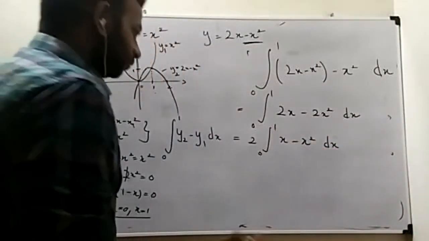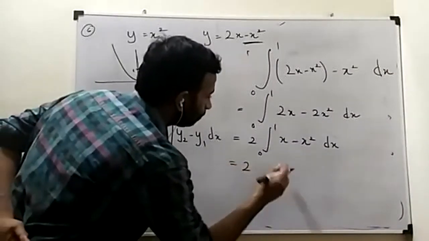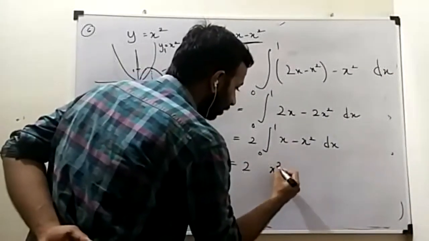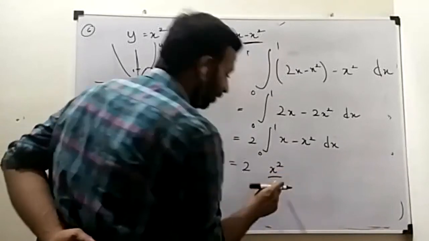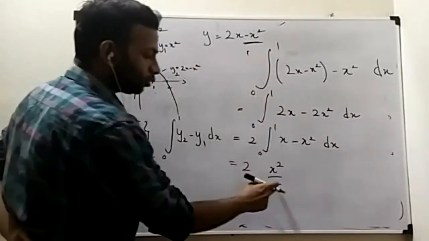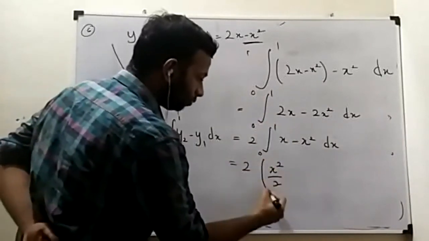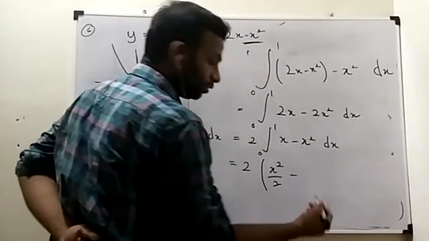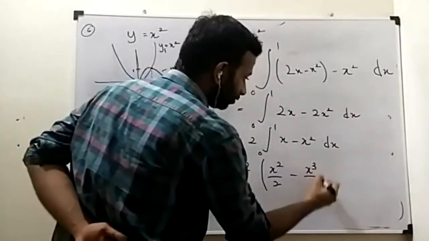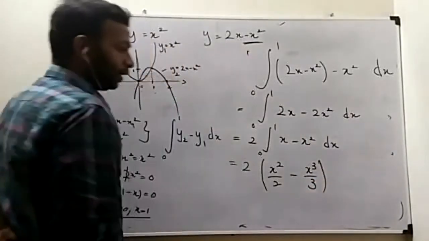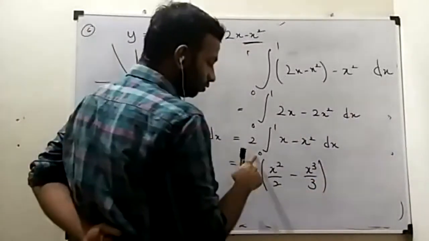How to integrate? Keeping the 2 outside, what is the integration of x? It is x squared over 2, because if you differentiate x squared you get 2x, so we divide by 2. Then for x squared, the integration is x cubed divided by 3, where you add 1 to the power and divide by that. And it goes from 0 to 1.